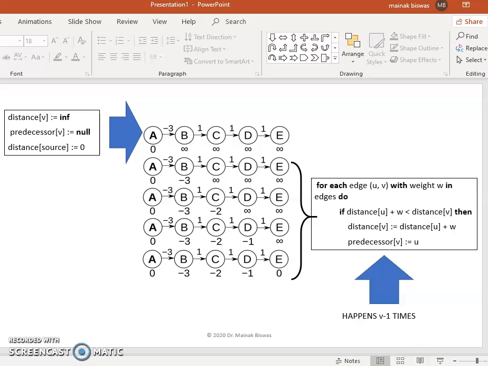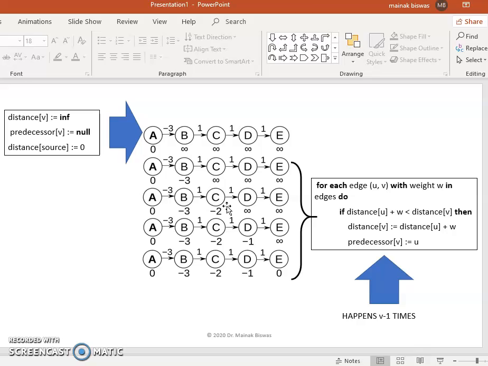Between A and B the weight is minus 3, so 0 plus minus 3 is minus 3. Minus 3 is less than infinity, so B's distance becomes minus 3. Between B and C the weight is 1, and minus 3 plus 1 is minus 2, which is less than infinity, so the value becomes minus 2.